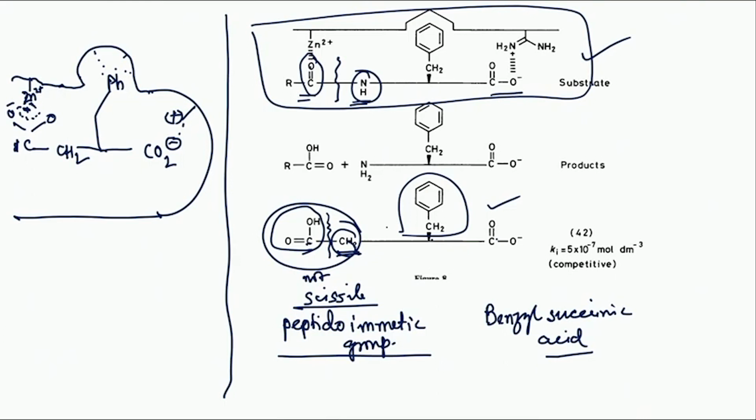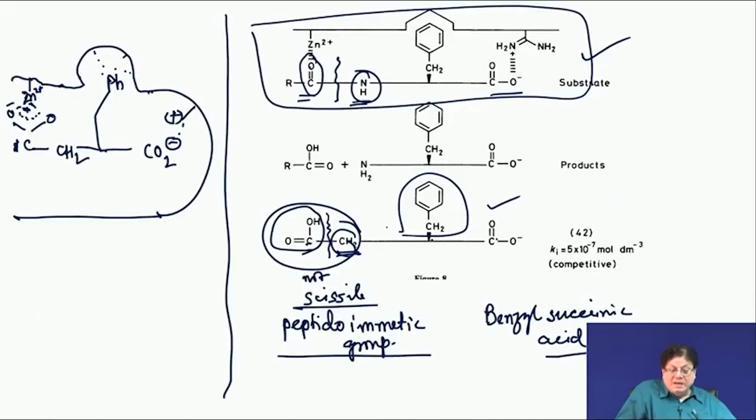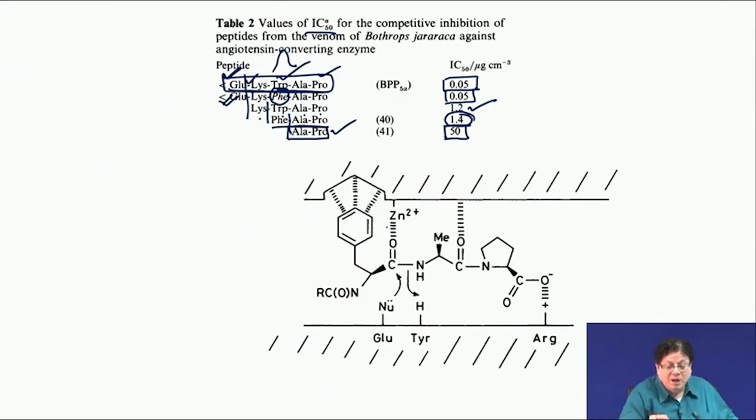Okay. So, from these observations that these peptides from the snake venom are very good inhibitors, and this benzyl succinic acid is a very good inhibitor of carboxypeptidase, that gave the scientists a clue how to design an inhibitor of this ACE enzyme. Let me again show you.